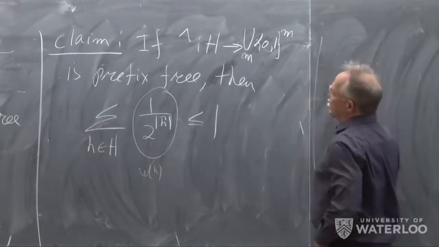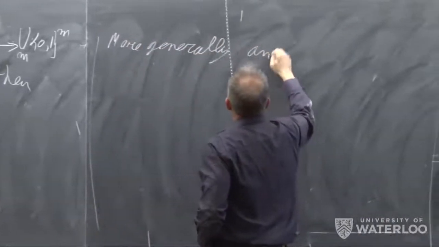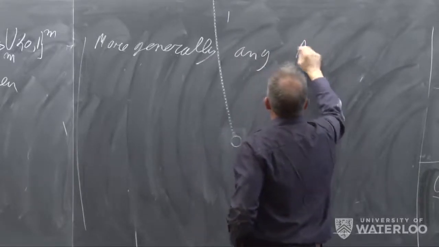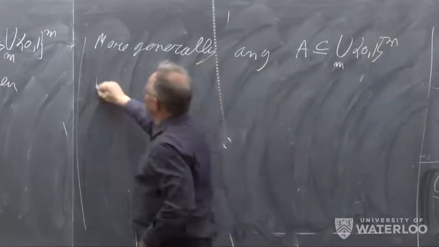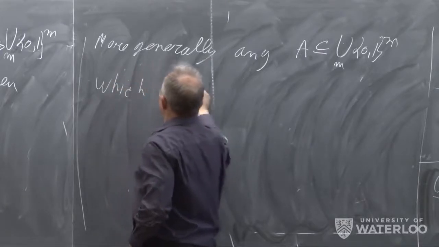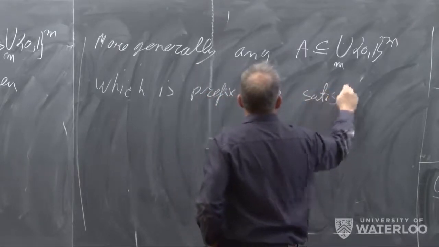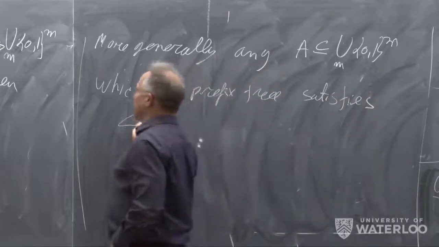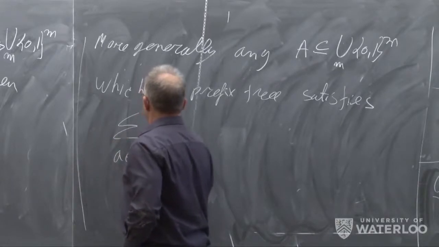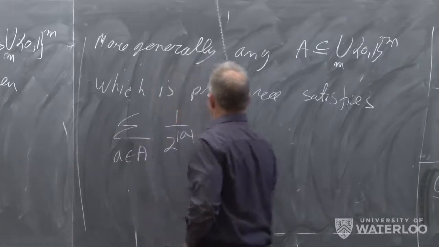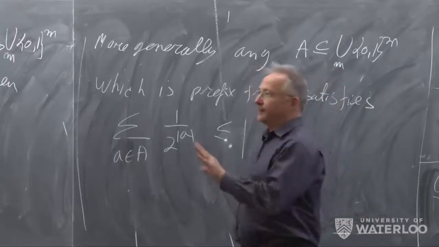It just says that, more generally, any subset A of the union over M of 0, 1 to the M, which is prefix free, satisfies that the sum over all a in A of 1 over 2 to the length of a is at most 1. And the proof is a half-minute proof.